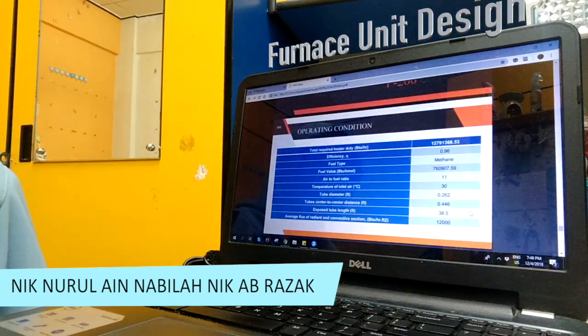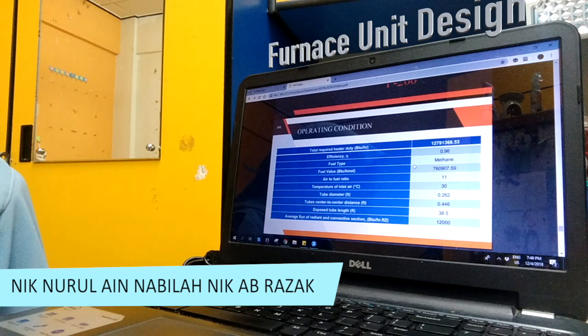So these are the details and operating conditions of our furnace. We have 96% efficiency with this required heat duty, and we are using methane because at first we wanted to use benzene as our fuel.